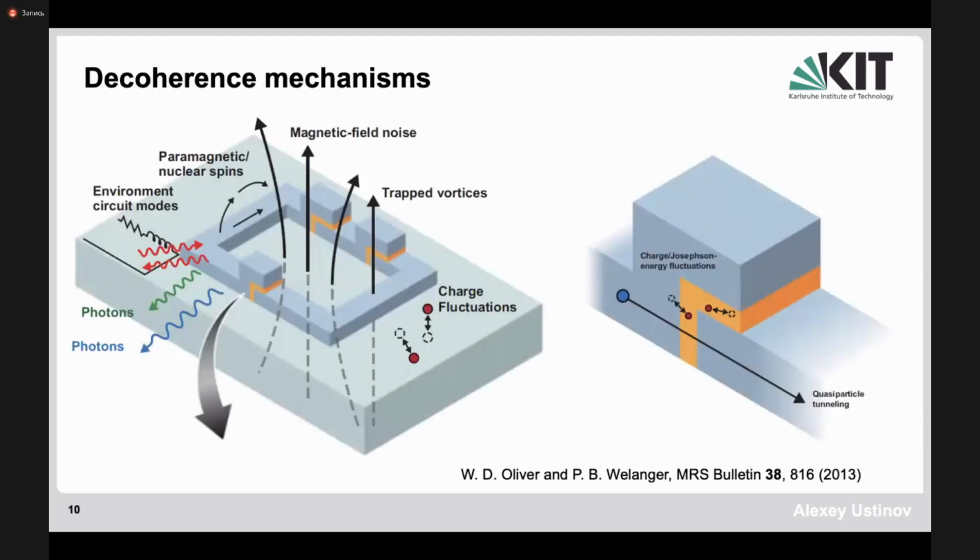Now let's talk then about the mechanisms which are responsible for these decoherence processes in superconducting qubits. And thinking about this as a physicist, we can guess that there could be many different mechanisms.